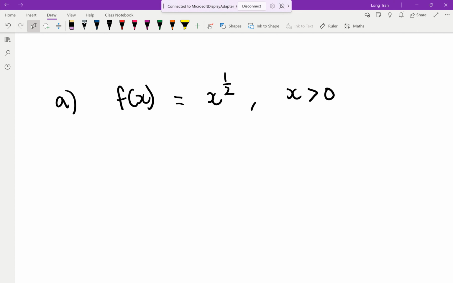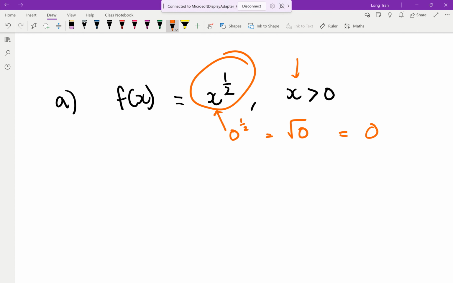If we had x as 0, 0 to the power of half is the same thing as saying root of 0. Now, root of 0 is technically okay. There's nothing wrong with that. But why is that not part of the function? Because if you had x is 0, it's no longer an x to the power of half graph. It will just be a horizontal line at y equals 0.